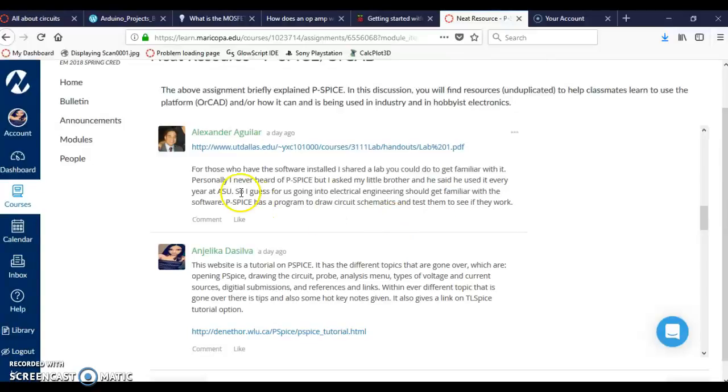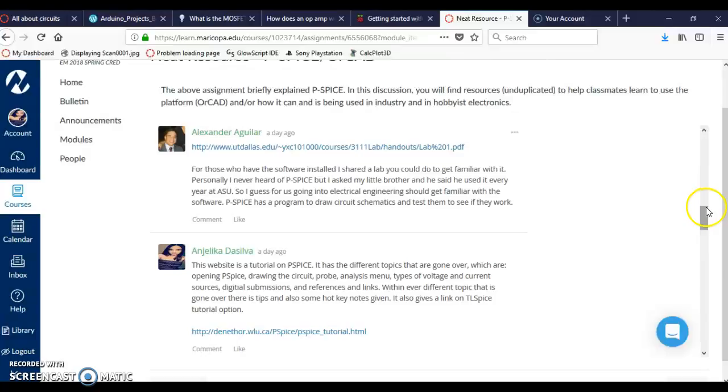But I think Alexander's neat resource will help me out in the future, so that's why I like his way more, because it's not a tutorial, but a lab for when I install the software.